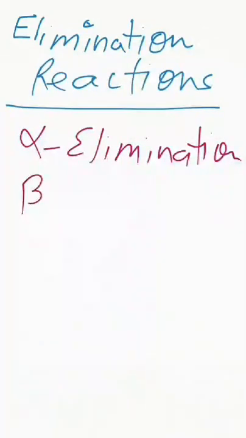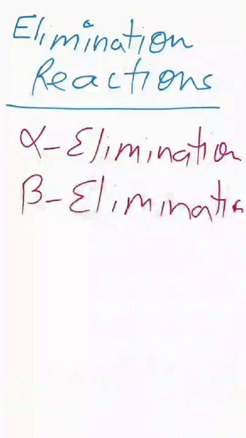Then we have beta elimination. In beta elimination, which we are going to discuss in detail in this lecture, two groups or atoms from adjacent carbons are eliminated, which leads to the formation of an unsaturated organic compound. This is called beta elimination or 1,2 elimination. It is also known as 1,2 elimination.